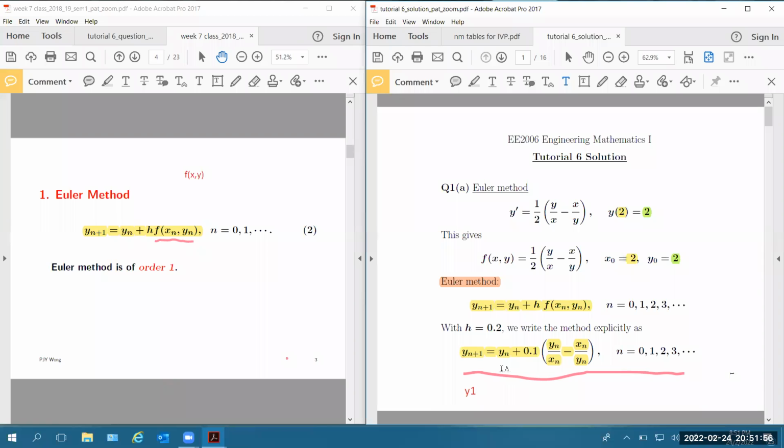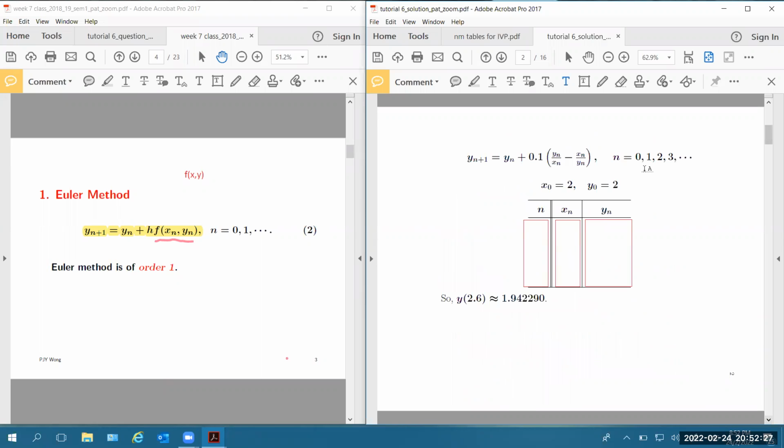It's y1, right? And then of course here your n is 0, then you go and plus h times f of x0, y0, and so on. Is it okay, class? You know how to use this formula? All right, so this is when your n is 0. So that's how you get to here, right? So you see here, actually, they tell you how to get your y1 already. So this is how you get your y1.